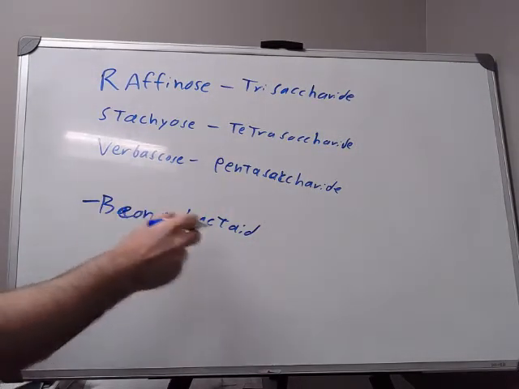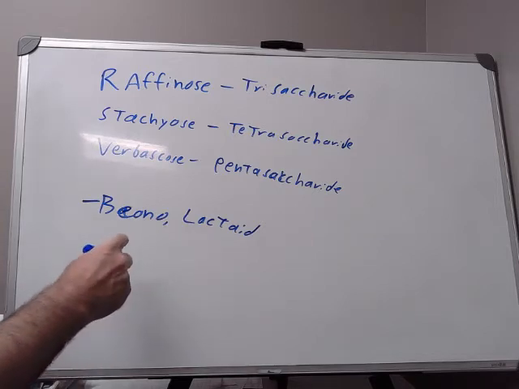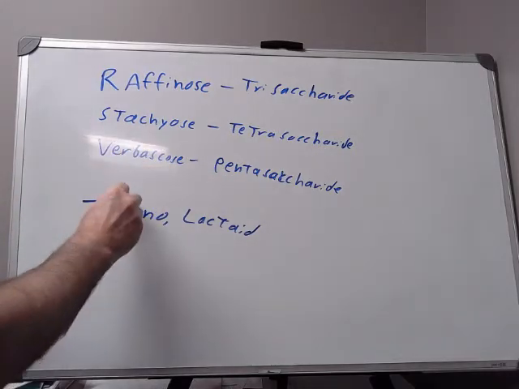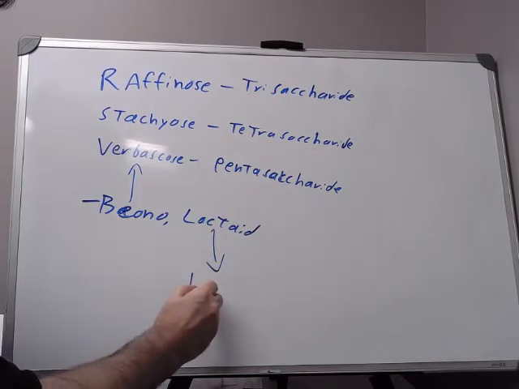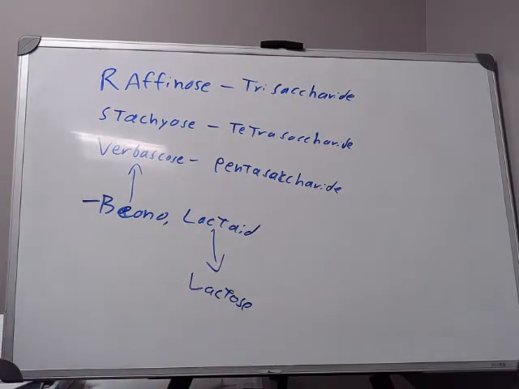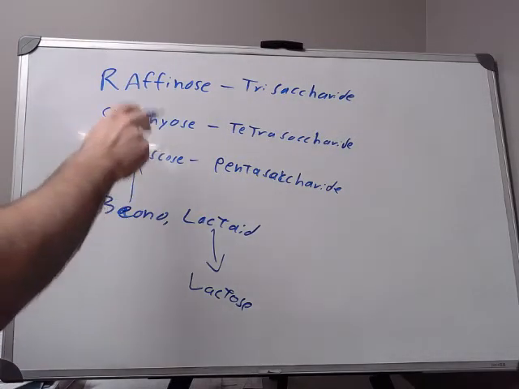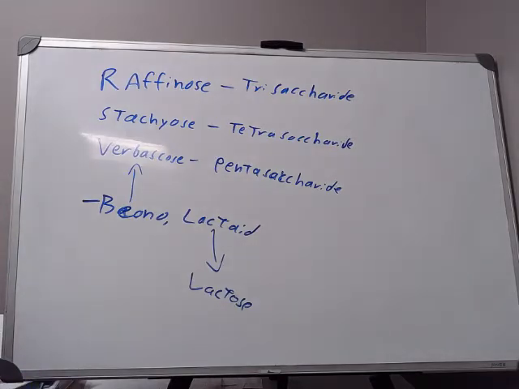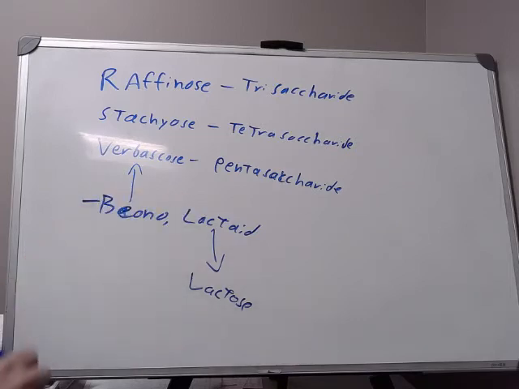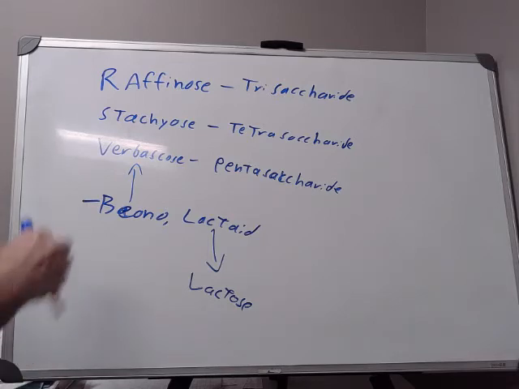What these medications do is they contain the enzymes that allow us to break down the raffinose, the stachyose, and the verbascose, or Lactaid would break down lactose. And so if your body cannot naturally break down these oligosaccharides, you can take a pill that contains the enzymes that will break them down for you and help reduce the side effects.